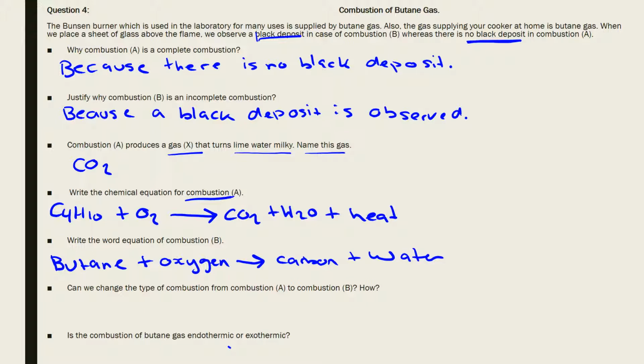Can we change this type of combustion from combustion A to combustion B? How? Yes, we can change it. With incomplete combustion, there's a lesser amount of oxygen.